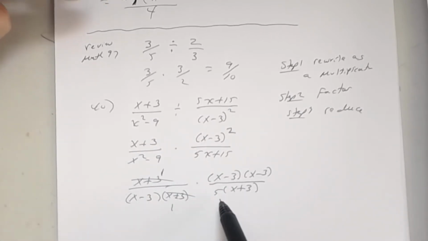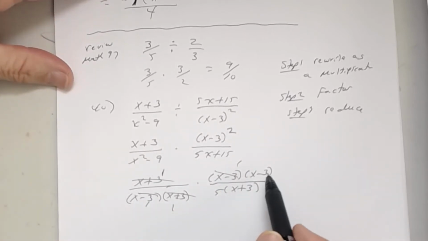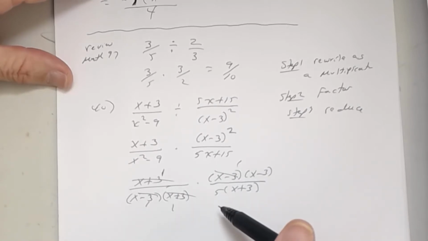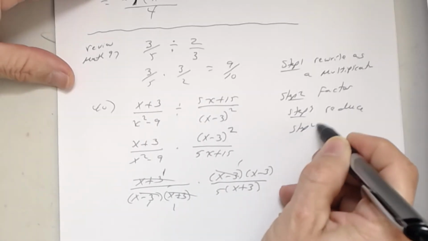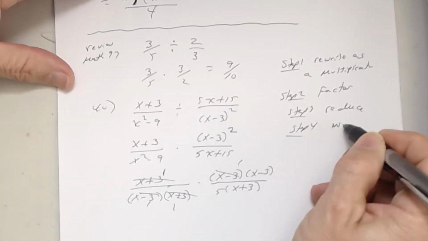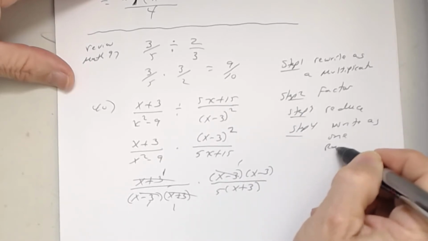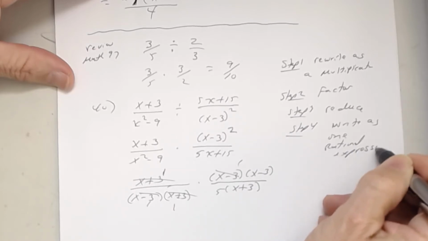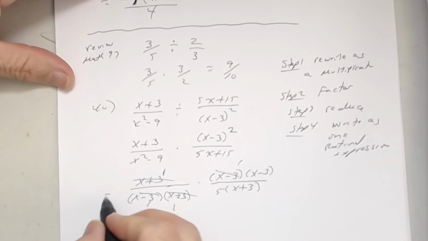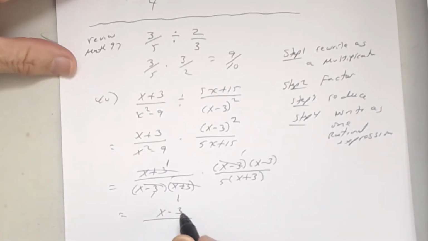Does it occur as a factor in the denominator? Yes, so I can reduce that. What's the next factor that you see? Do you have one in the denominator? No. So now we can do step 4, which is to write as one rational expression. What's going to be the numerator? X minus 3. What's the denominator?